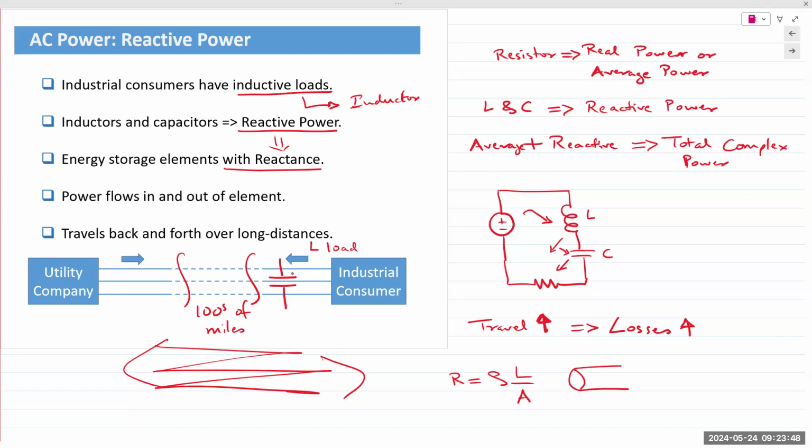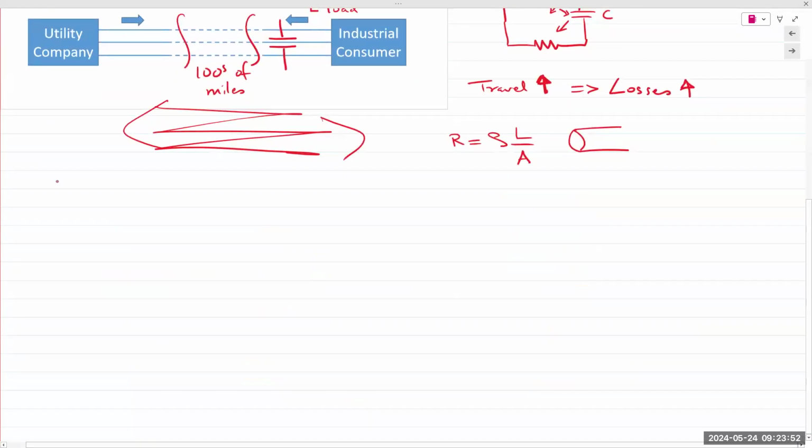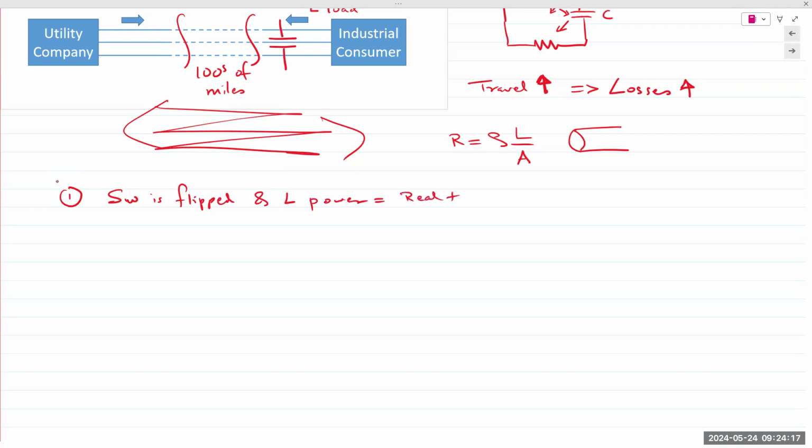Okay, so imagine this scenario. You have an inductive load, the switch is flipped for the first time, and the inductive load requires some power. That power is real plus reactive.